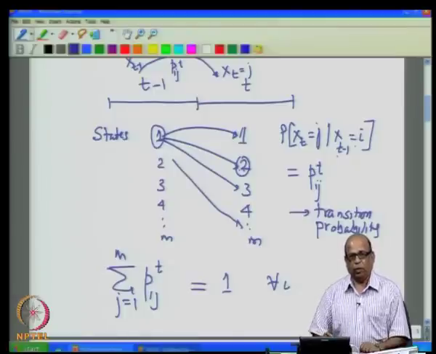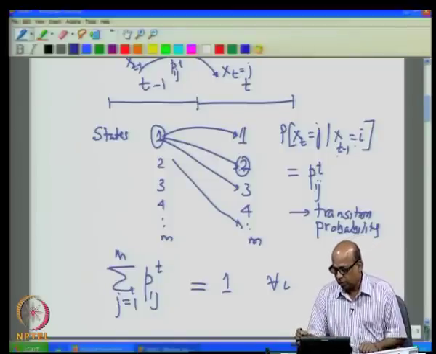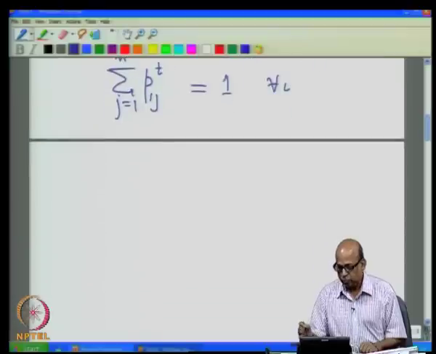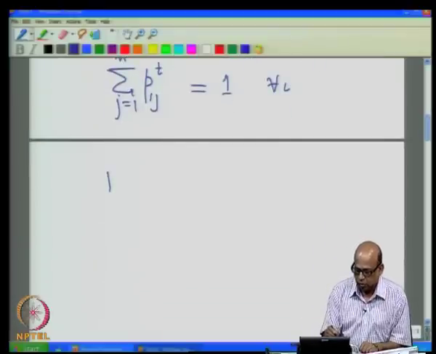We will see how we compute this transition probability later on, but now we formulate what is called the transition probability matrix. So, we write now the transition probability matrix, TPM.